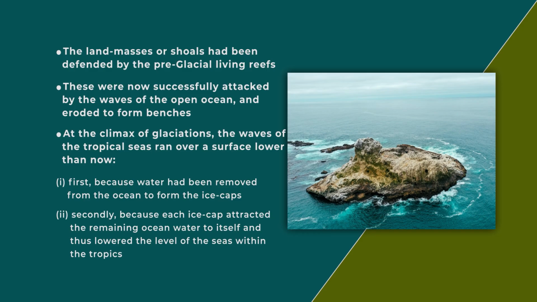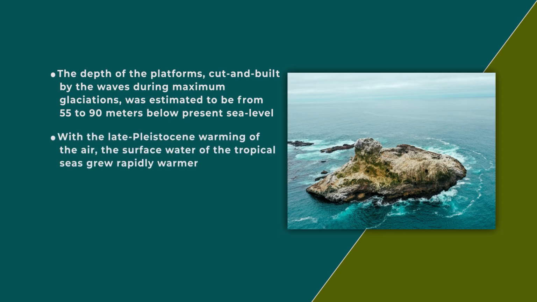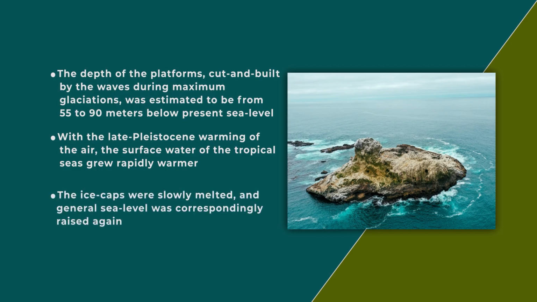The depth of the platforms cut and built by the waves during maximum glaciation was estimated to be 55 to 90 meters below the present sea level. Once more, with the late Pleistocene warming of air, the surface of water in the tropical seas grew warmer, ice caps melted, and reef growing had begun once more.